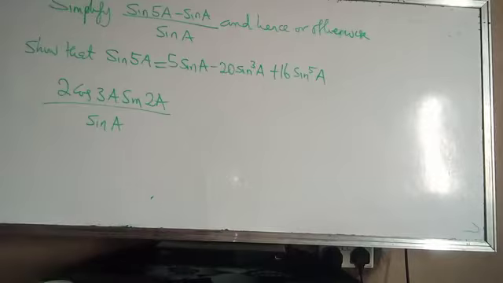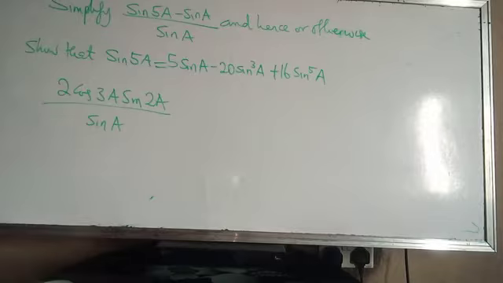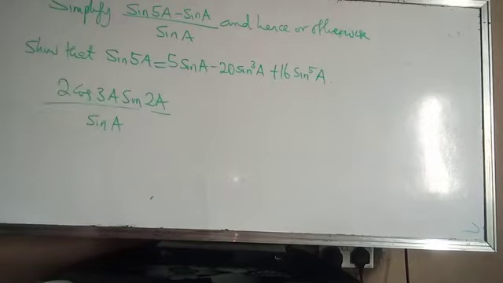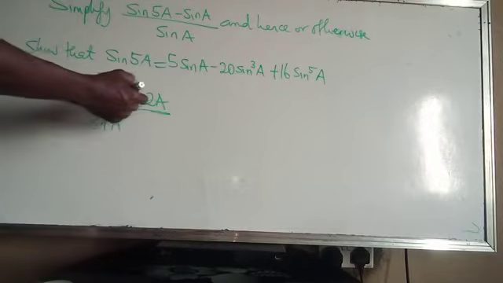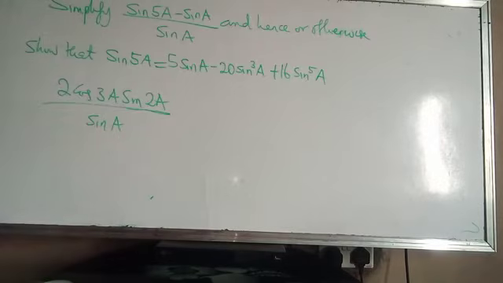That's what we got. Now how do we evaluate sine a, which is the denominator? Let's look at whether there can be a way by which you can get sine a from sine 2a.